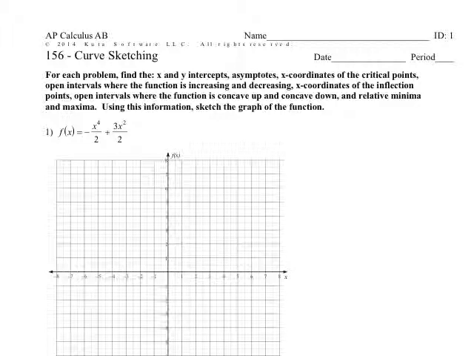Alright, so what we're being asked to do is find all the important information to sketch the function. So x and y intercepts, asymptotes, both vertical and horizontal, finding the critical points, which will help us identify increasing and decreasing, and the inflection points, which will help us identify concavity.